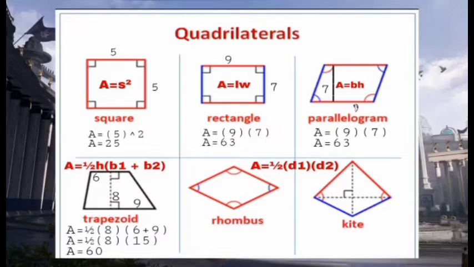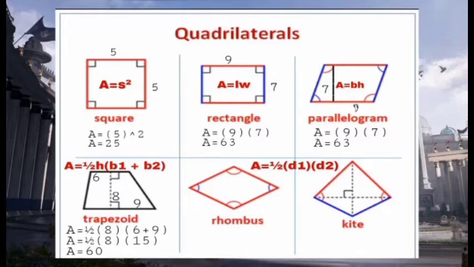To get the area of the rhombus and kite, they have the same formula. A is equal to 1/2 times D sub 1 times D sub 2, where 1/2 is constant and D sub 1 and D sub 2 are the diagonals. Let's say diagonal 1 is 5 and diagonal 2 is 6.